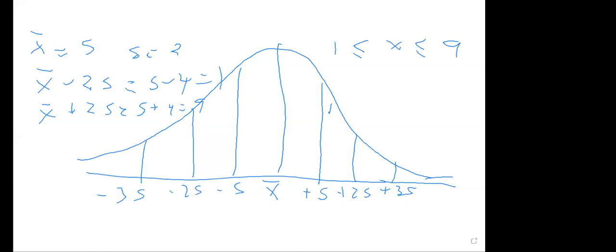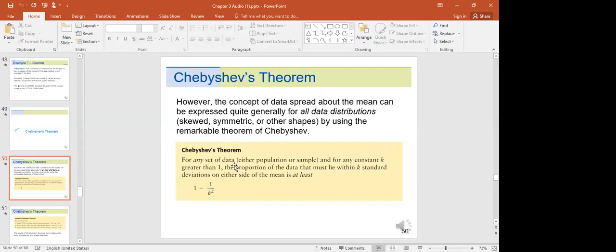So the Chebyshev theorem tells us that within K standard deviations, K could be 1 or more than 1. K is generally more than 1 for the Chebyshev theorem. K could be 1.5, 2, 2.6, 2.3. K could be any value.